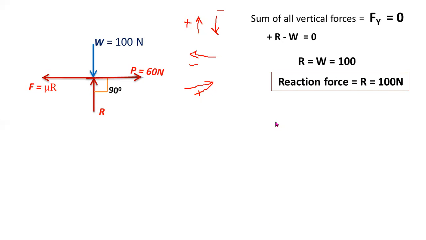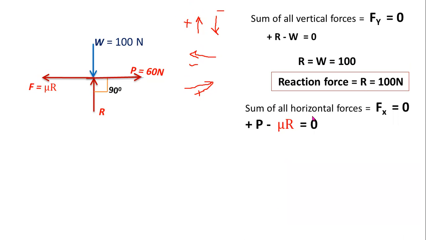Okay. In a similar way, sum of all horizontal forces equal to 0. That is Fx equal to 0. Here F equal to mu R and P equal to 60 newtons. These two are the horizontal forces. Horizontal forces lie on the x-axis. Okay. So for right side direction, you have to consider positive sign.